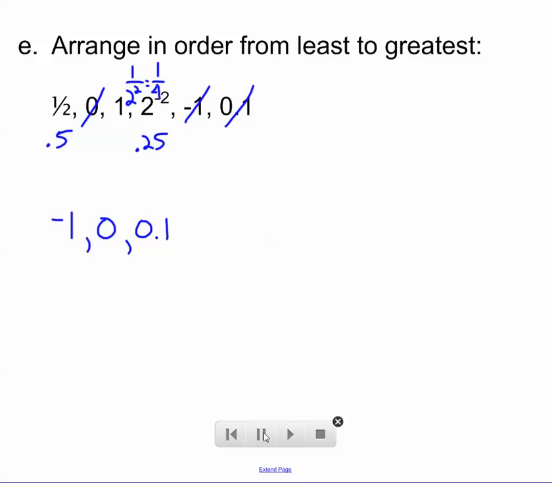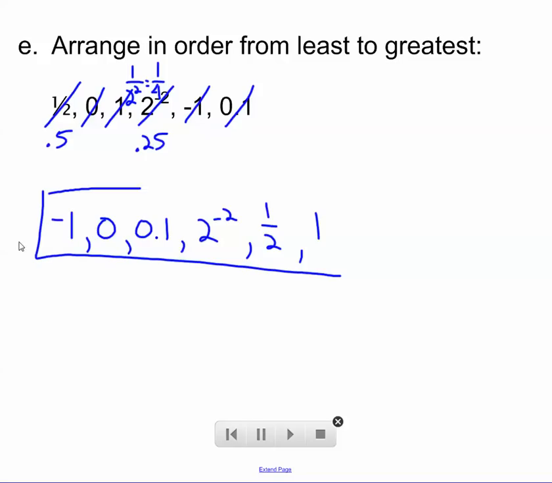So 0.25 is going to be next, or let's fix that though. That should actually be 1/4, right? I'm sorry, 2 to the negative 2 power is what we started off with. Then we've got our 1/2, or our 0.5, and then lastly we've got the 1, and we've got everything accomplished here. Remember that we always want to write the numbers in their original form. So even though I changed 2 to the negative 2 into 3 different forms here, I'm going to write 2 to the negative 2 in my answer.